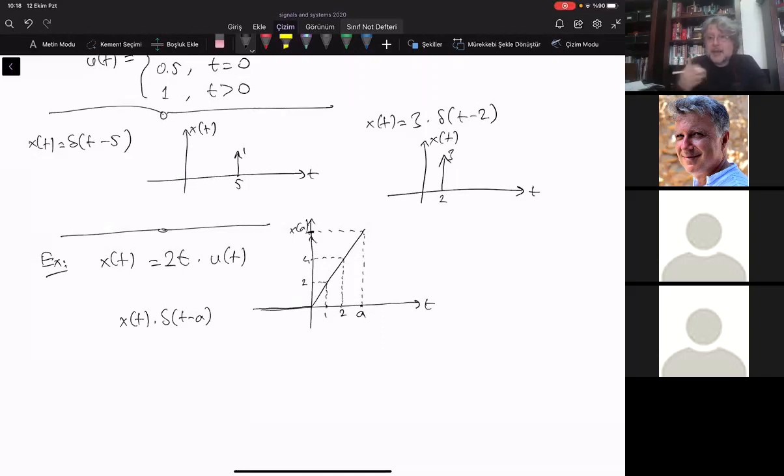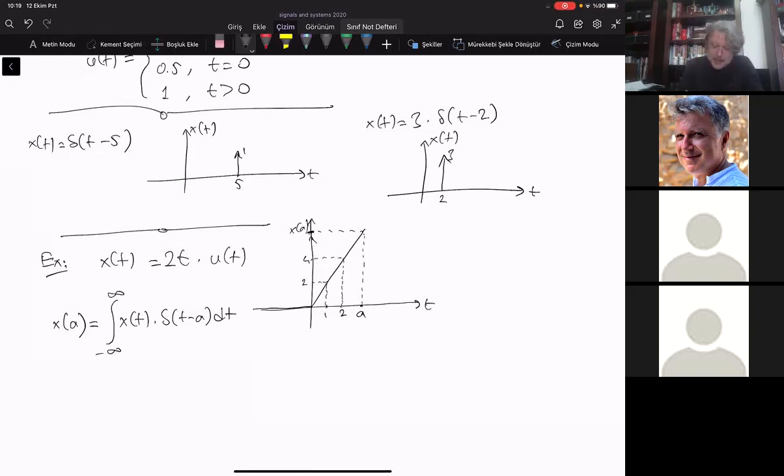And the magnitude is the area under the impulse. In order to determine the magnitude, you have to integrate the resulting impulse. That will give you the corresponding value of the signal at that time instant, which is x of a.